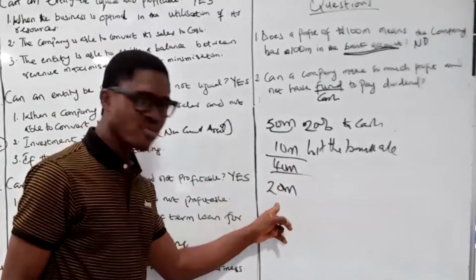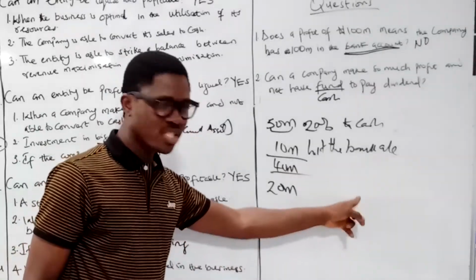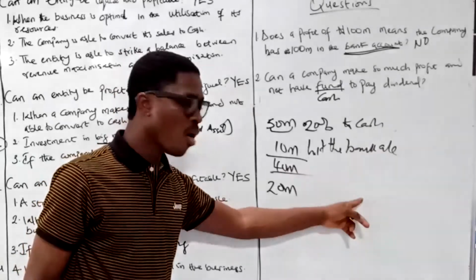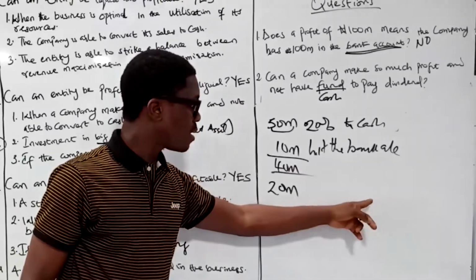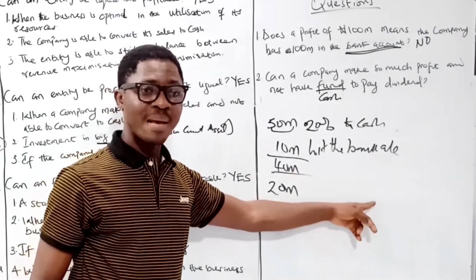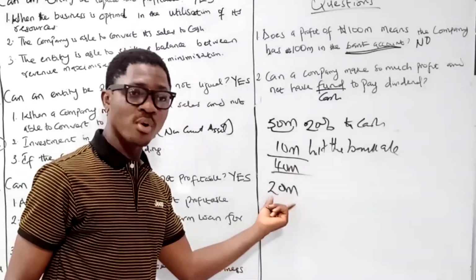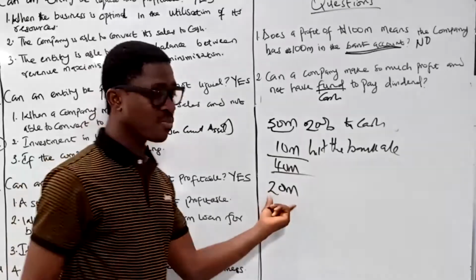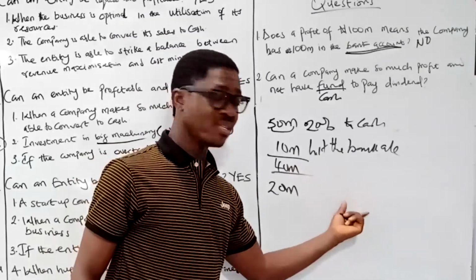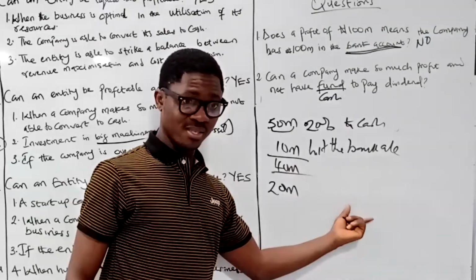The company can make a profit of 20 million, but not even 15 million is traceable to the bank account, and dividend is not paid on a receivable basis. When dividend is paid, it is paid by cash. The only option for this kind of entity is to declare a bonus, which means an entry will have to be passed between the retained earnings of the company and the equity, the share capital nominal of the entity.